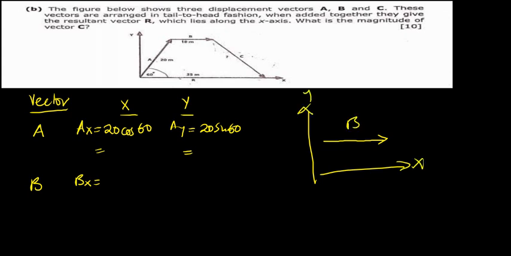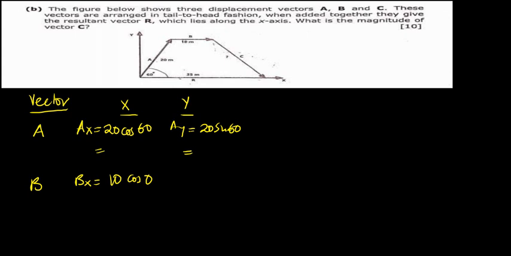So when you've got two parallel lines, the angle between them is 0. If you have two lines going in opposite directions, the angle between them is 180. That you need to know. So the angle between the x-axis and the vector B is 0. Therefore bx is going to be 10 cos 0, and by is going to be 10 sin 0.